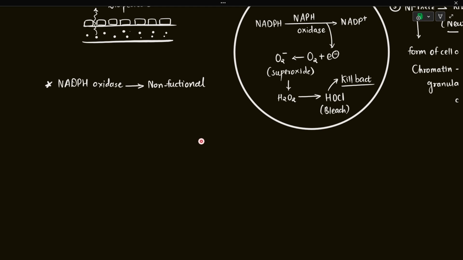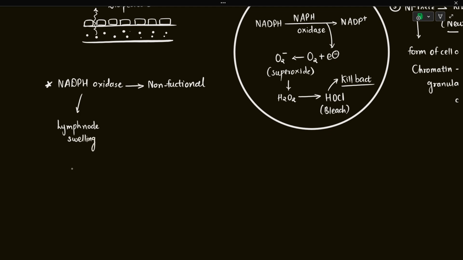As the reactive oxygen species are not forming, that is going to result in the accumulation of pathogen, and that accumulation will lead to lymph node swelling. It is going to lead to inflammation.